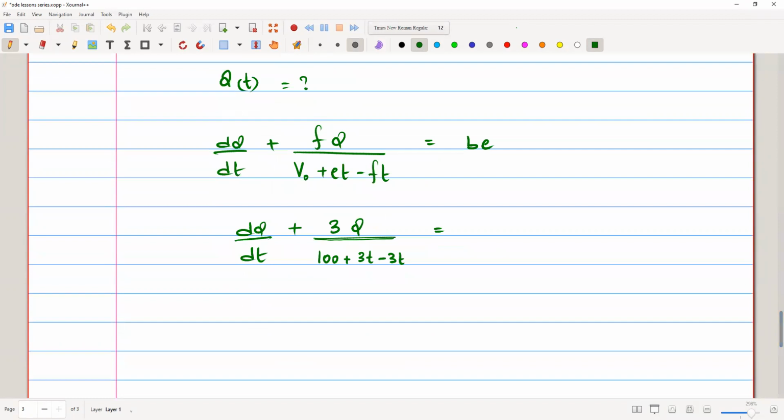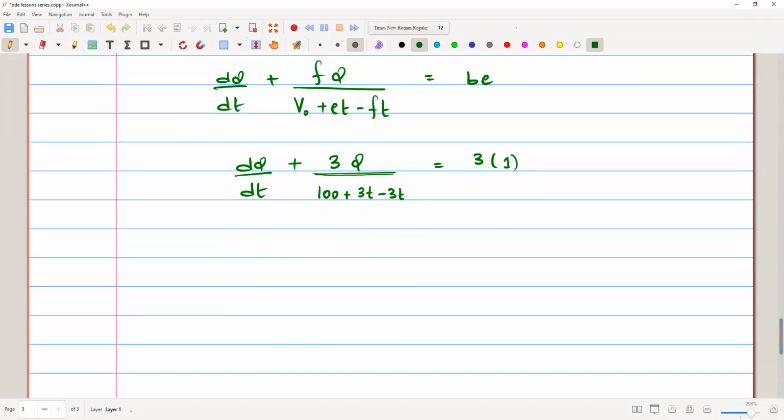So it's 3 times 1. Therefore, the expression becomes dq over dt plus 0.03 q equals 3.